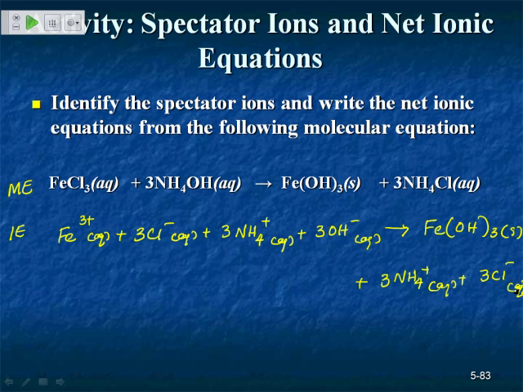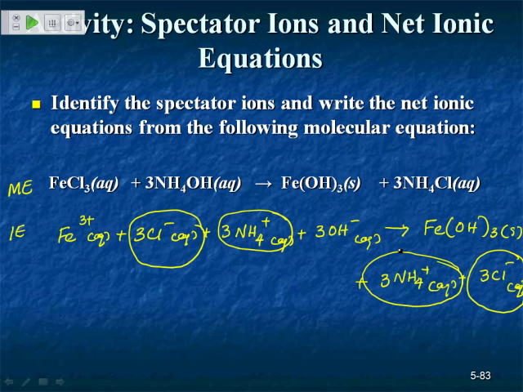Now I can clearly see who are the spectator ions. Who are the spectator ions? The 3Cl- and the 3NH4+. Those are the spectator ions. I've circled them.